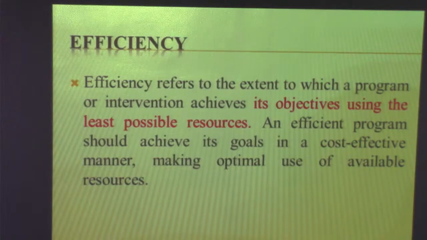Refers to the extent to which a program or intervention achieved its objectives using the least possible resources. An efficient program should achieve its goals in a cost-effective manner, making optimal use of available resources.